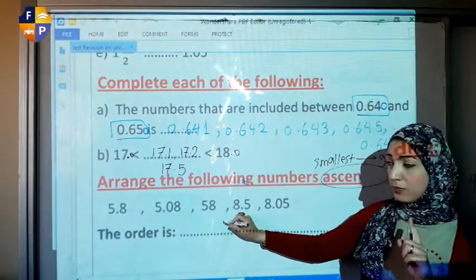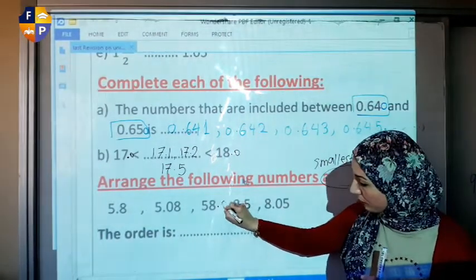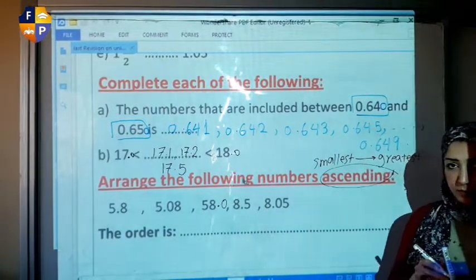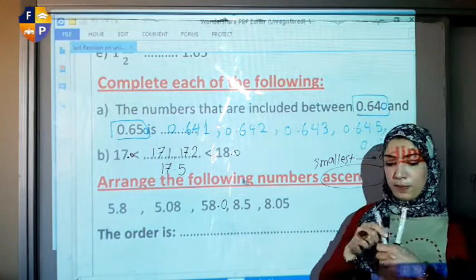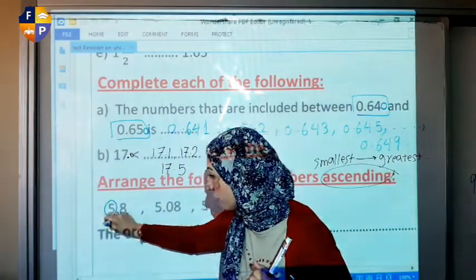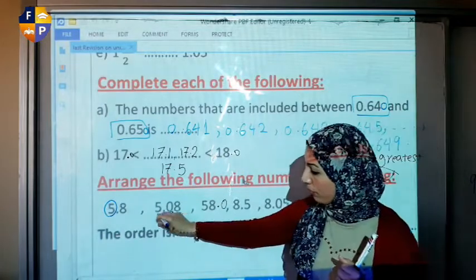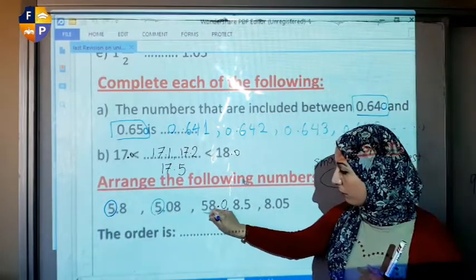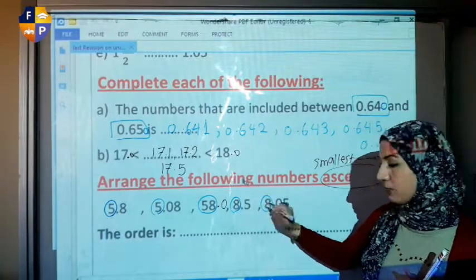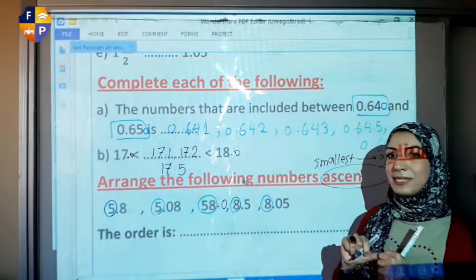Here we don't have decimal, so we have to add 0.0. 8.5, 8.05. In this case, step number 1, circle the whole number which is before decimal. Here we have 5, 58, 8, 8.